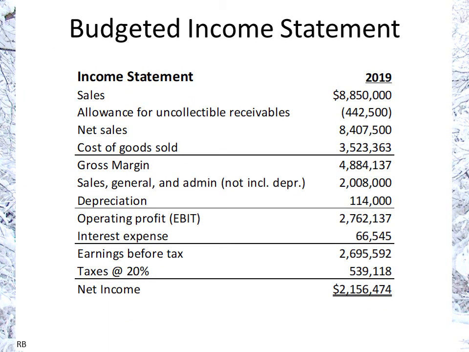Now we can work on the income statement. We have the sales. We have the 5% allowance for uncollectible receivables. We have the net sales, cost of goods sold. That gives us our gross margin. Then we can calculate the sales, general, and administrative costs, not including the depreciation, which I'm just keeping out for clarity.